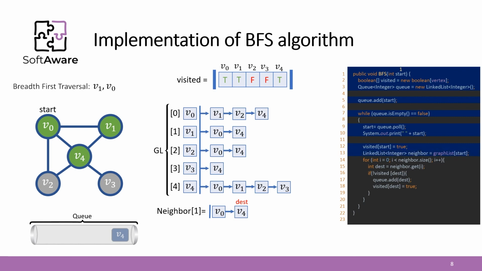At the next line, we take again vertex 0 index of the graph list and create a neighbor linked list out of it. We get to the for loop logic and iterate through the connected nodes, add the ones that are not visited into the queue, and change their state from false to true.